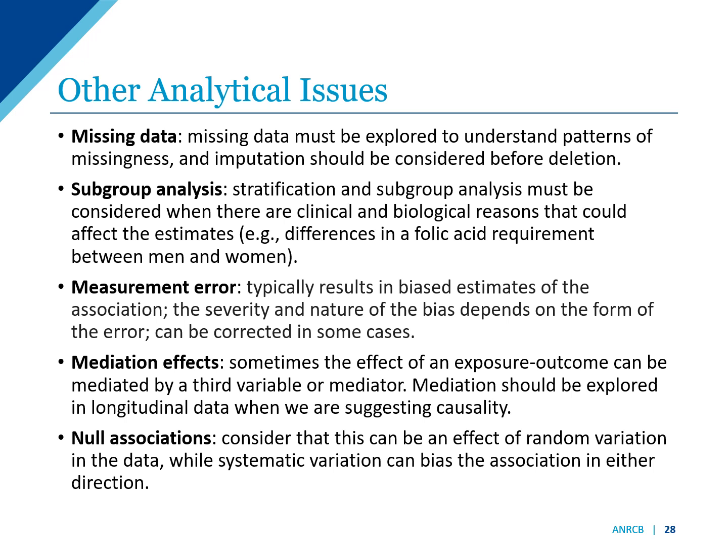Sometimes we see that an exposure outcome relationship can be mediated by a third variable, and that should be explored in longitudinal data, particularly when we're suggesting causality. And null associations can be an effect of the random variation in the data, while systematic variation can bias the association in either direction.